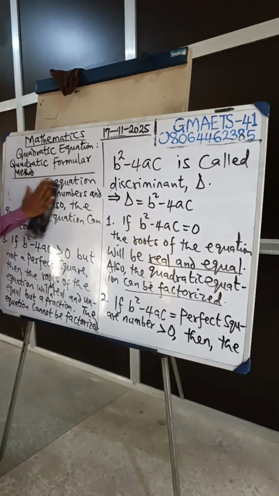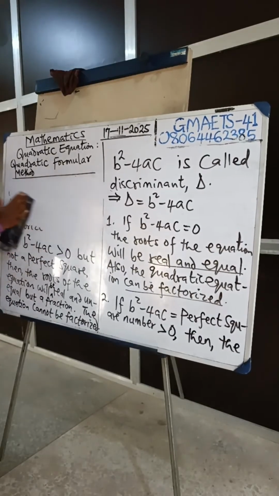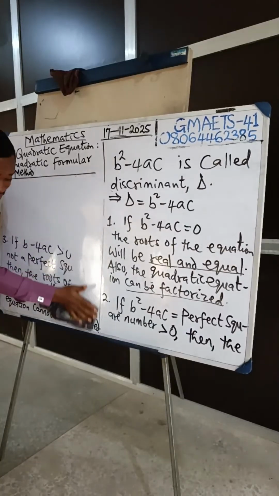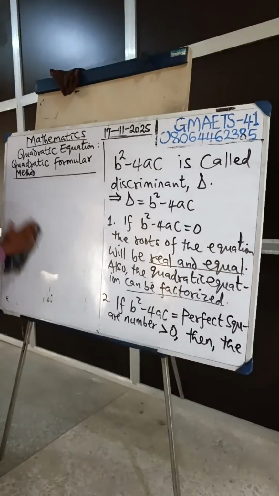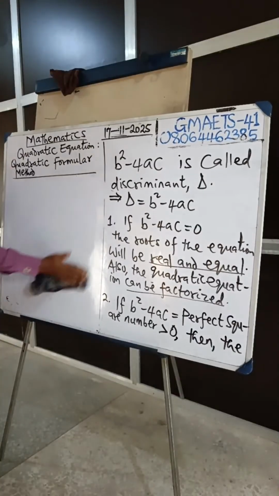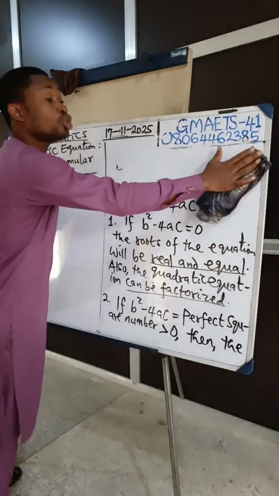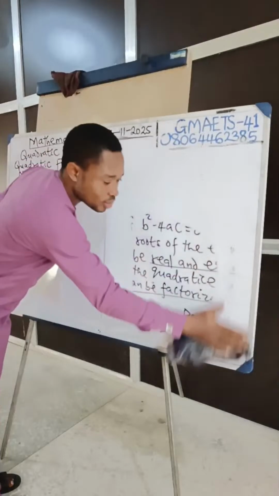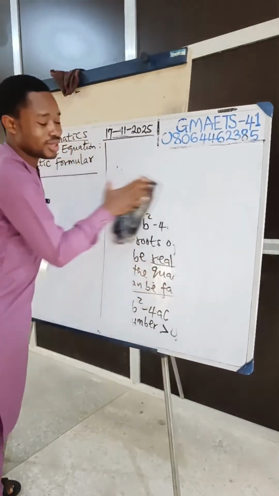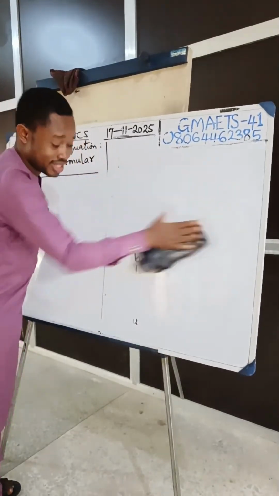Please, let us pick our very first question. Divine, I think I've answered your question and I've added further information you should be aware of. When you are given a quadratic question, and maybe you want to use the factorization method, you should know consciously by the knowledge of multiplication whether that quadratic equation can factorize or not. You really don't need to go and carry out these tests.